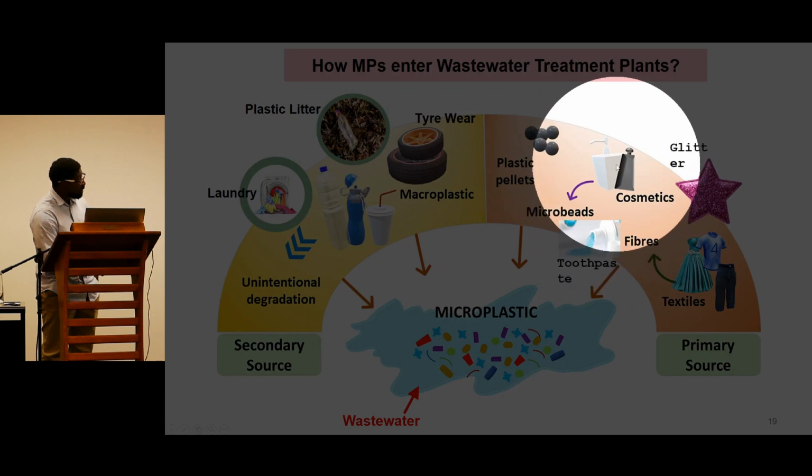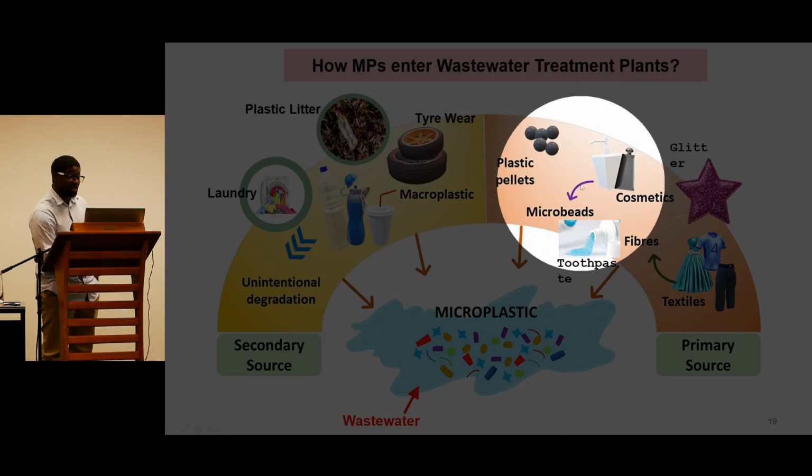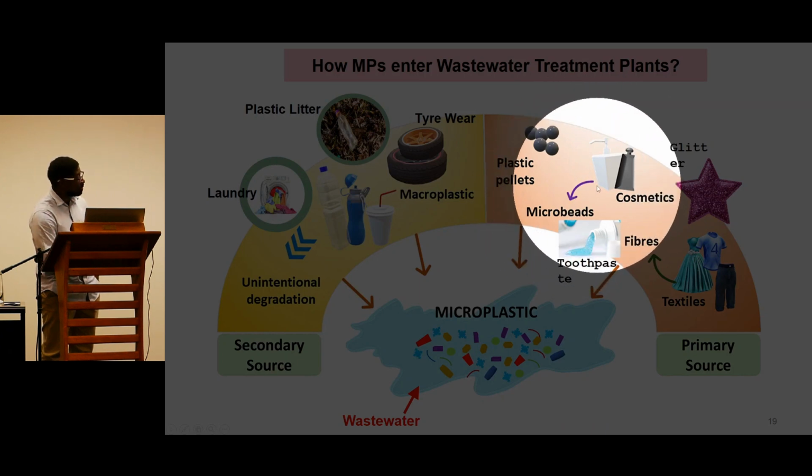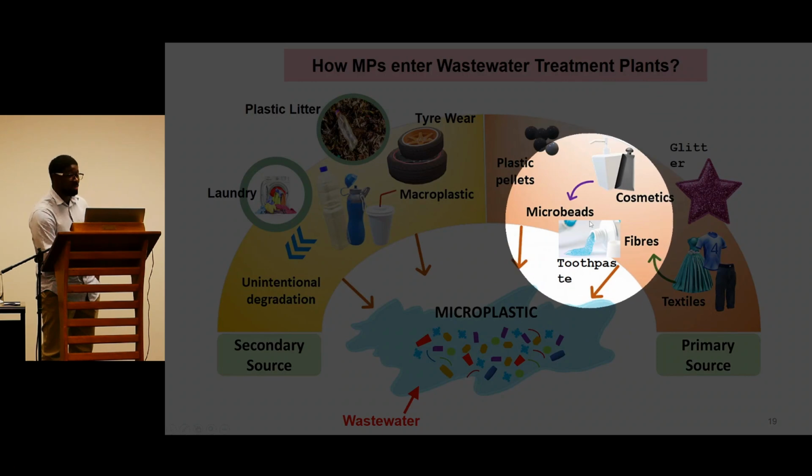We call these personal care products. These are products that we use daily, like your shampoos, the soaps that we use, the facial scrubs, and the toothpaste. So they contain primary microplastics.